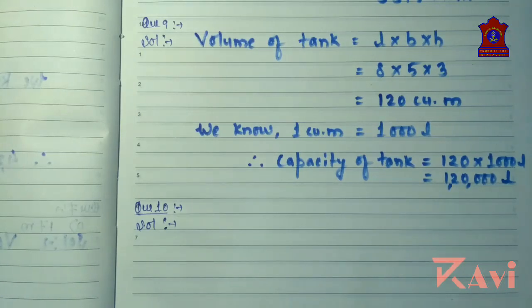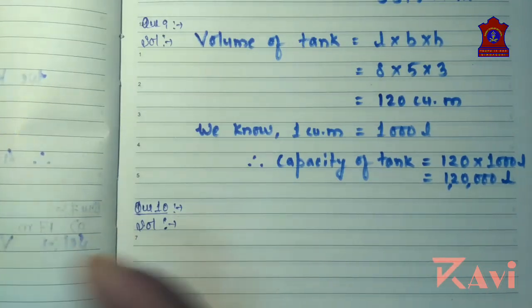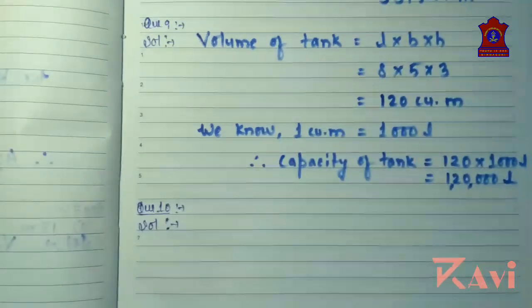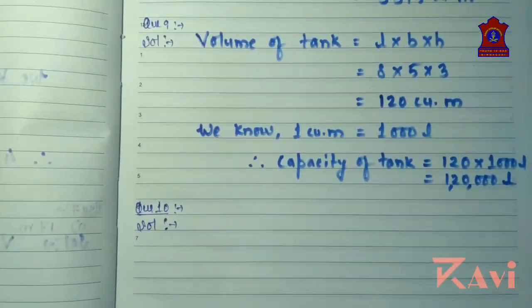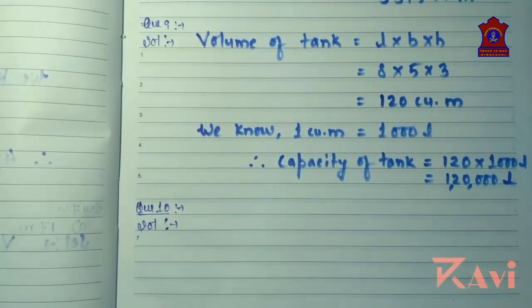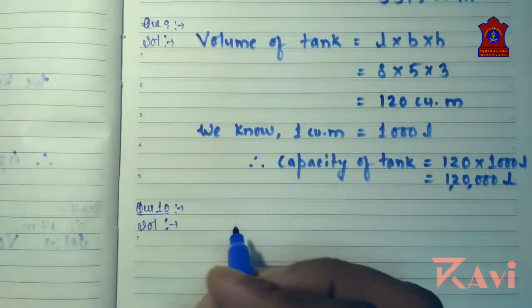So first of all, see here in this question, a big cuboidal box is given and the question is asking how many small cubical boxes can fit in it. So first of all, we'll find out the volume of cuboid and then volume of cube, and then we will divide both the volumes. Okay, so let's do it.